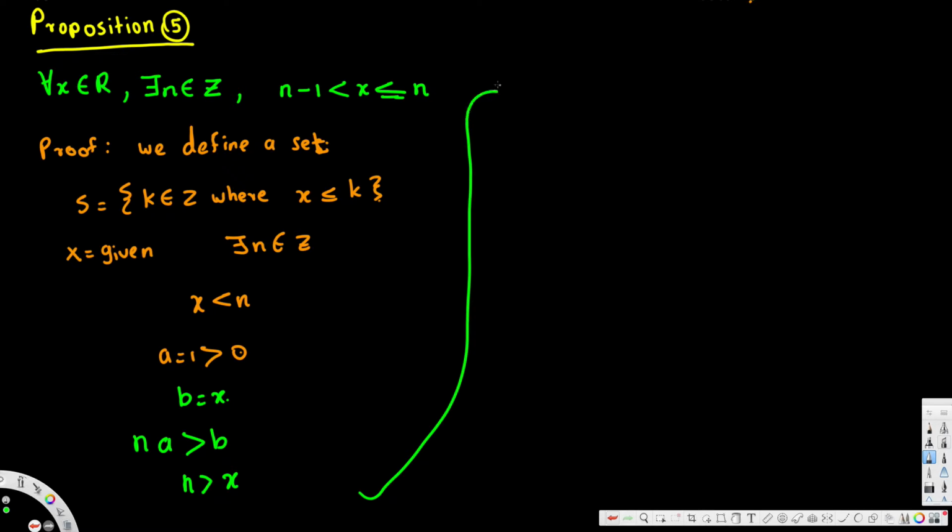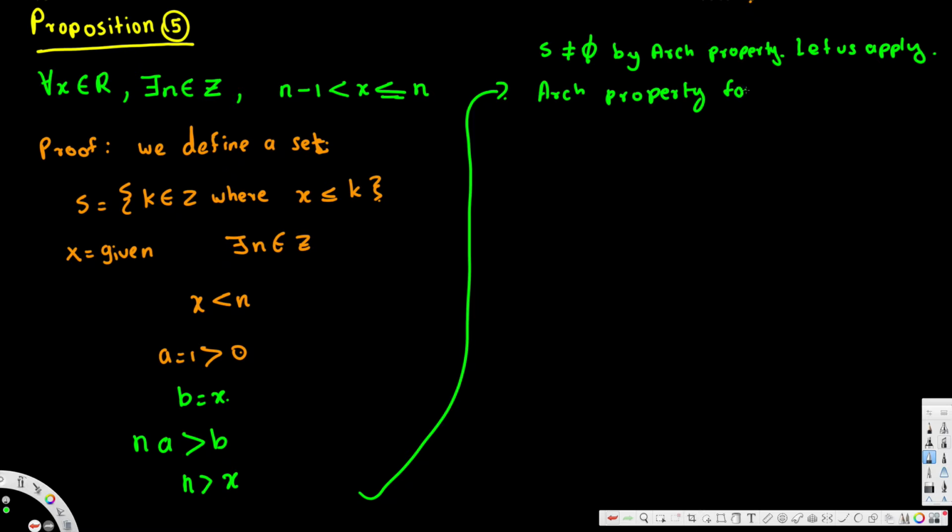Okay, let's continue here, and here we are going to use the Archimedean property. S is not an empty set, so by the Archimedean property, let us apply the Archimedean property for a equal to 1 greater than 0 and b equal to x.